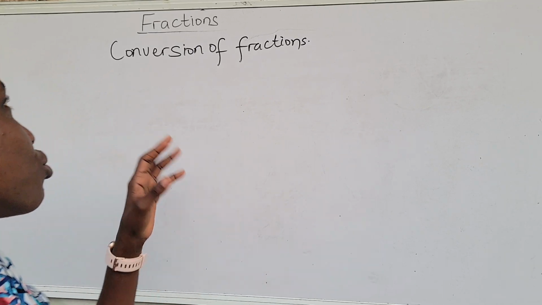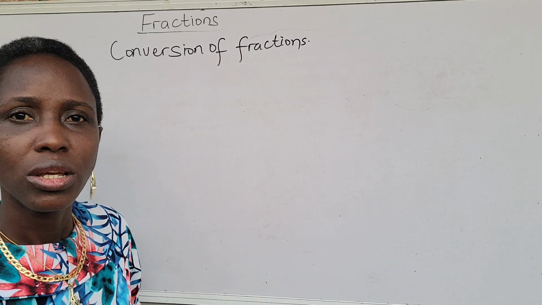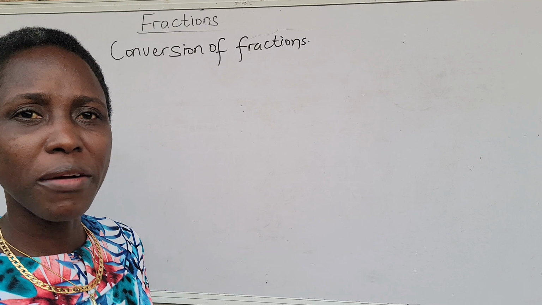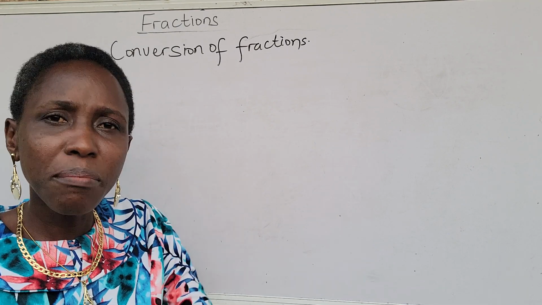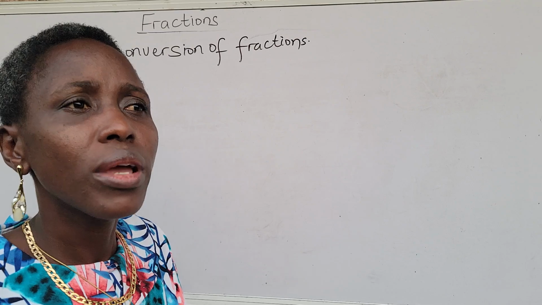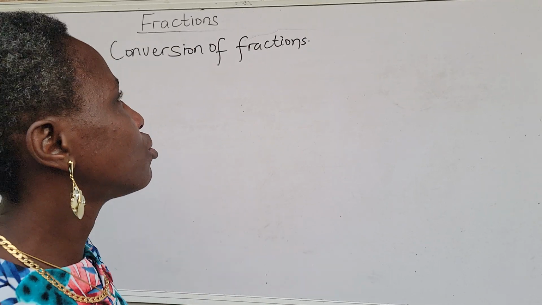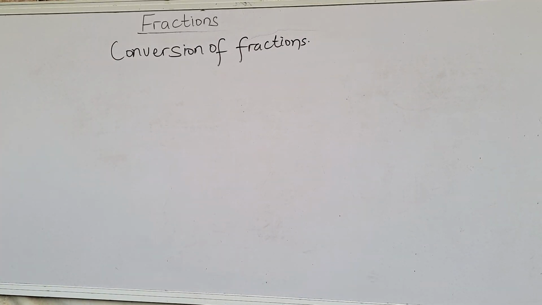Now we move on to conversion of fractions. We could convert an improper fraction to a mixed fraction, and we could take a mixed fraction back to an improper fraction. I will use an example to explain this.